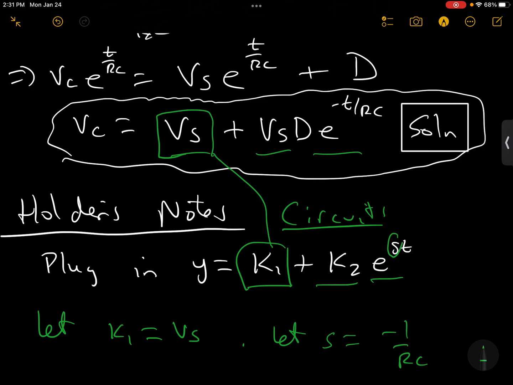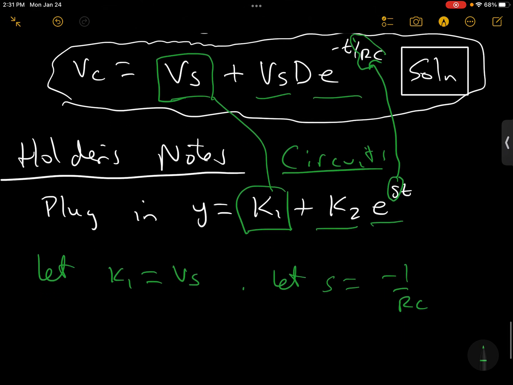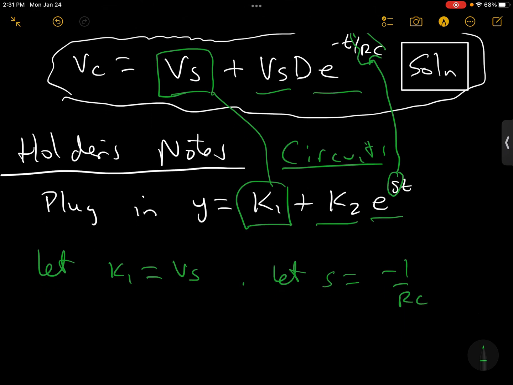So this S here is minus 1 over RC. That makes sense too. So this is all good. This is how you learned it in circuits, and this is exactly what we found. I don't see anywhere in the notes where it says let K2 be VSD, but it doesn't matter. That's not important.